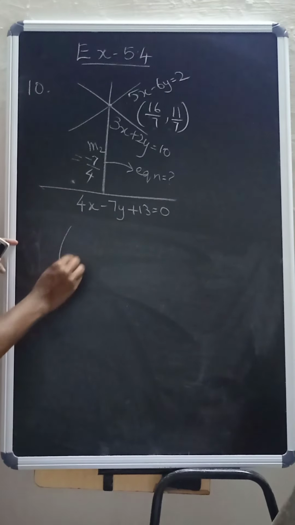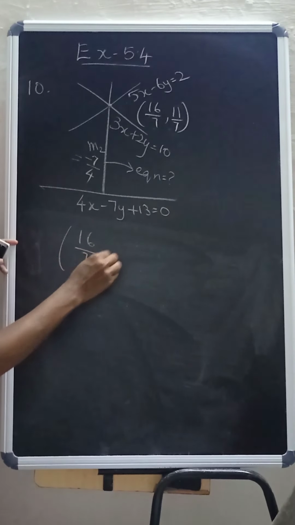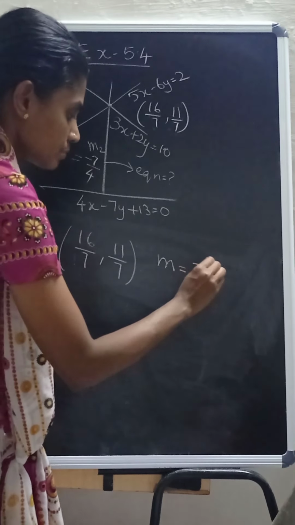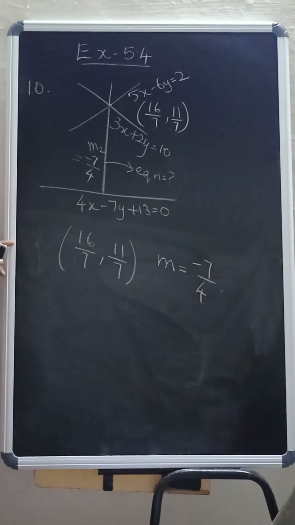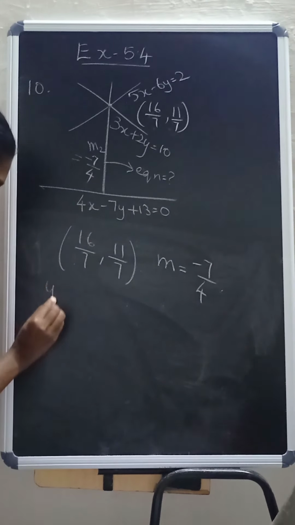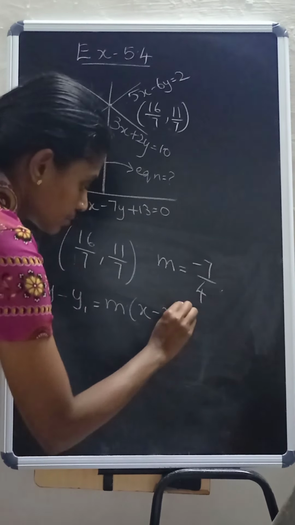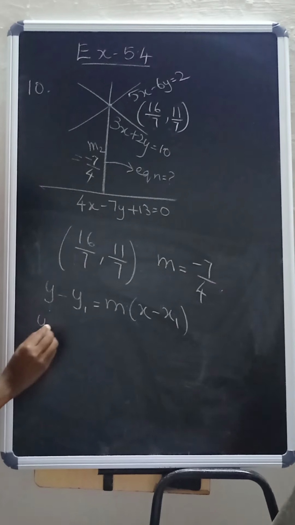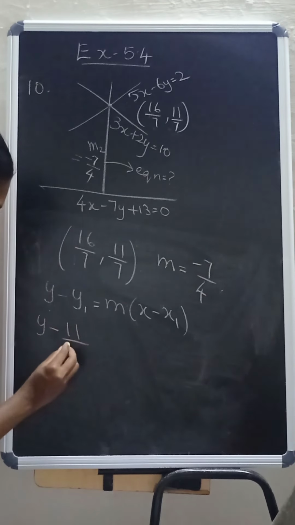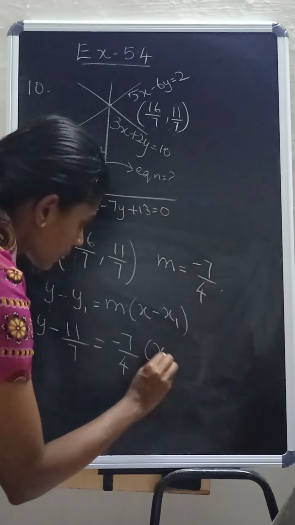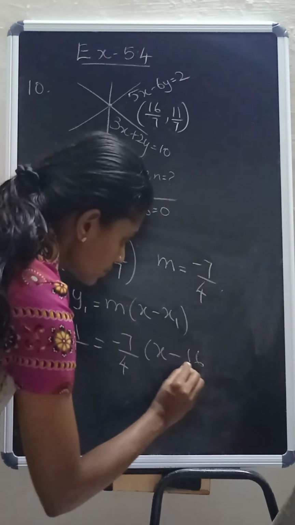Now the point of intersection is (16 by 7, 11 by 7), and the slope m is minus 7 by 4. Now use the point slope form. y minus y1 is equal to m into x minus x1. y minus 11 by 7 is equal to minus 7 by 4 into x minus 16 by 7.